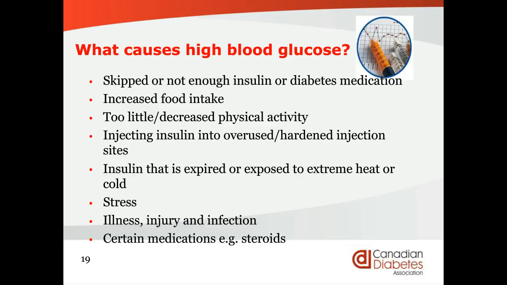However, if it's frozen, it will not work. So things can happen, and it's good to make sure that your insulin is not exposed to extreme heat or cold. Stress, very important, also increases blood glucose levels.